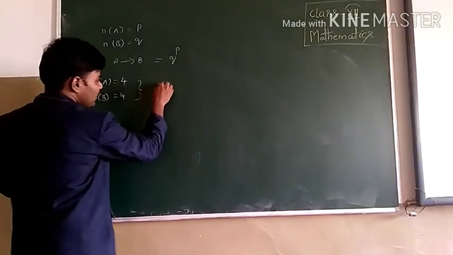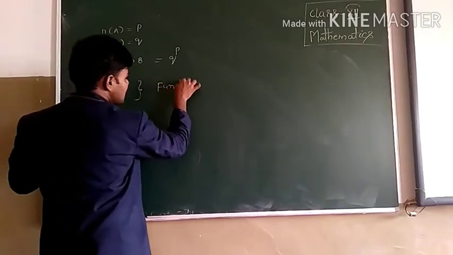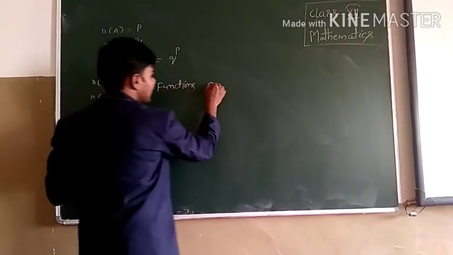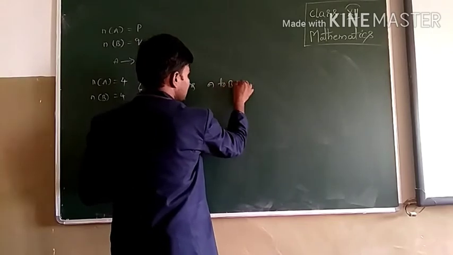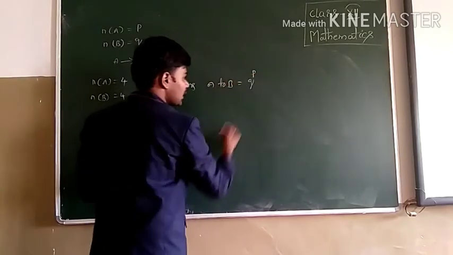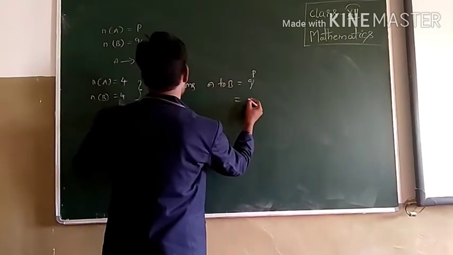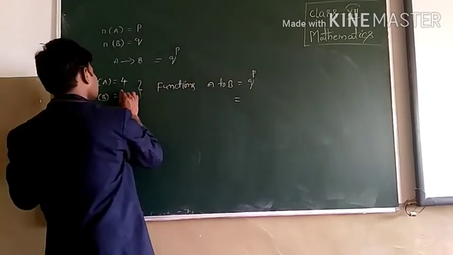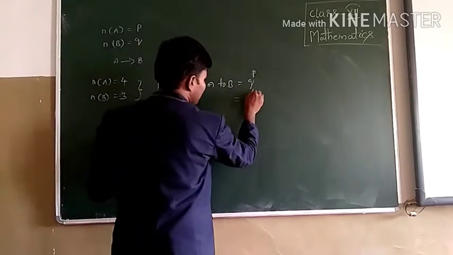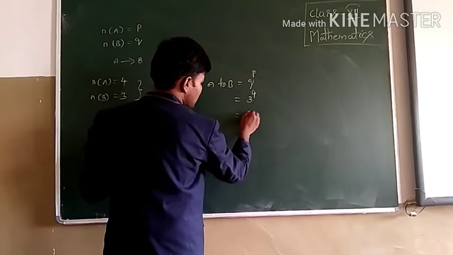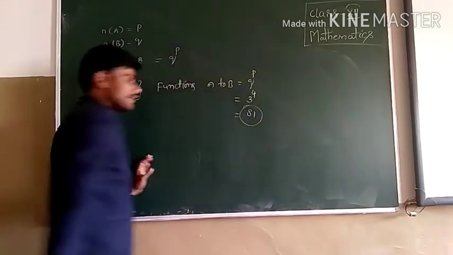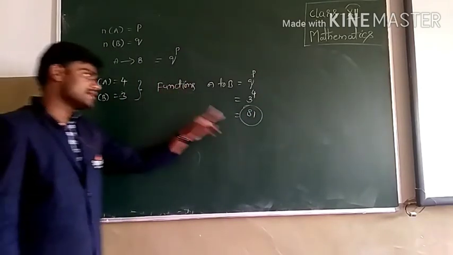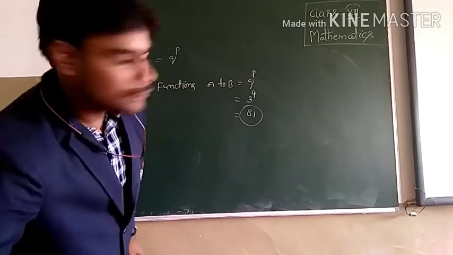Then the number of functions from A to B is Q power P, so with Q as 3, it is 3 power 4. So 3 power 4 is 81. That's why the number of functions from A to B is equal to 81.